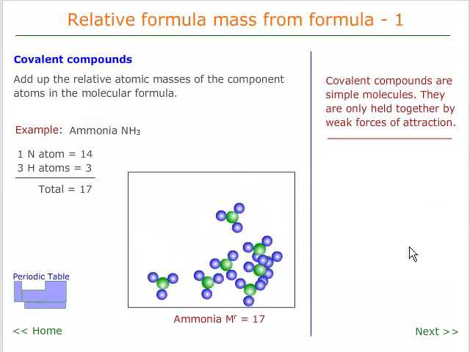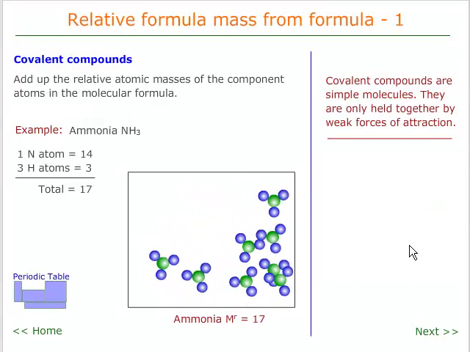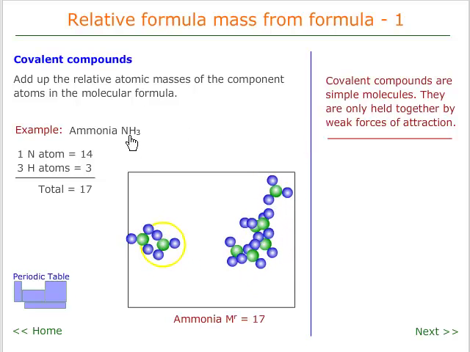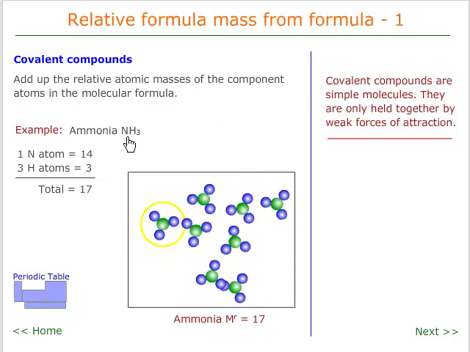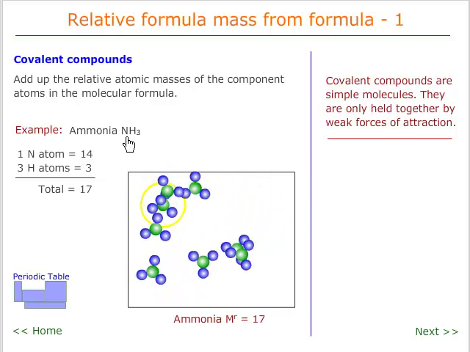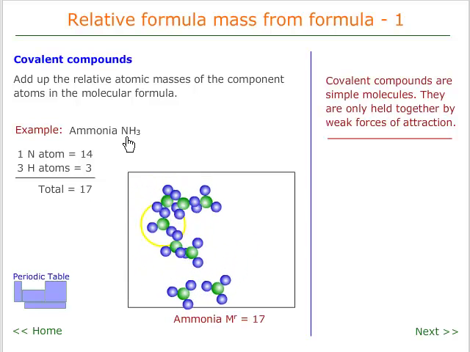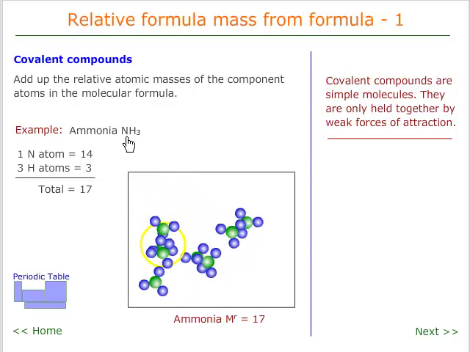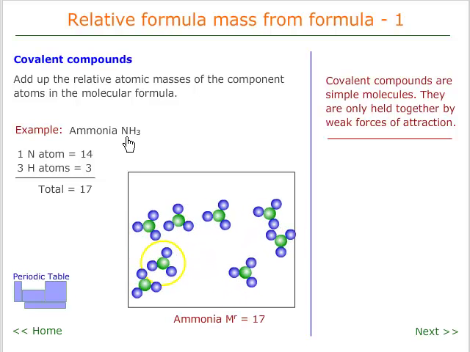To find the relative mass of a simple molecular substance, such as ammonia, we need to consider the formula of ammonia. Ammonia has got the formula NH3, and as we can see, one ammonia molecule has got 1 nitrogen and 3 hydrogen atoms.